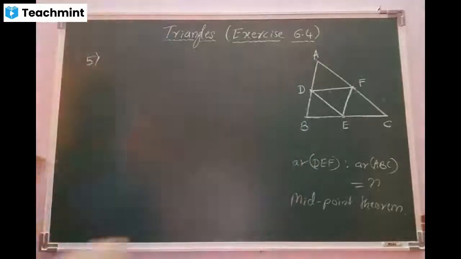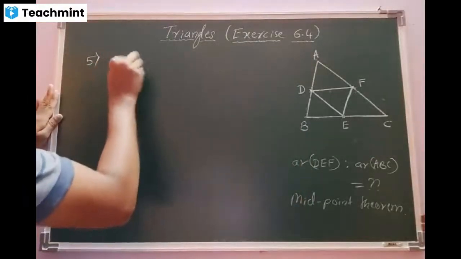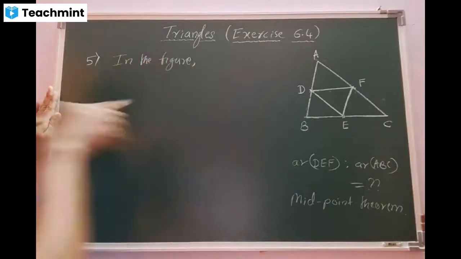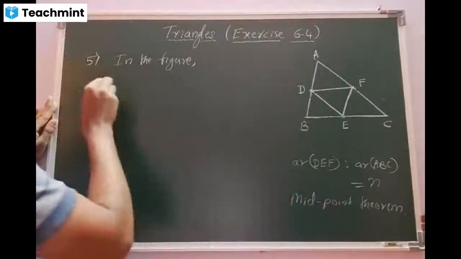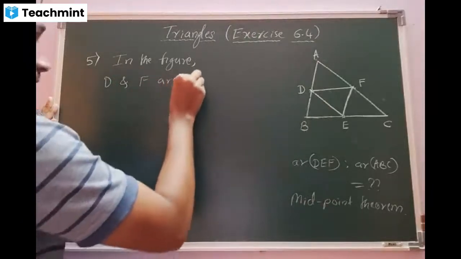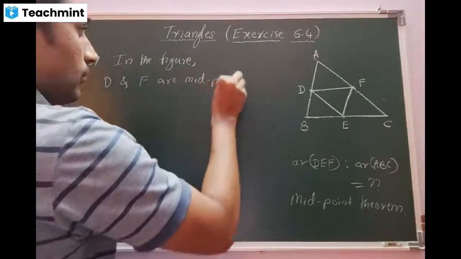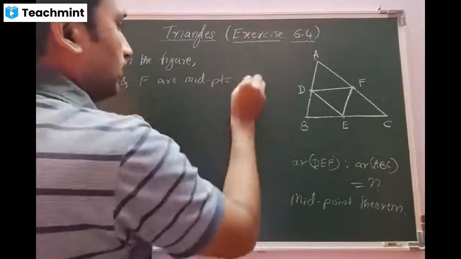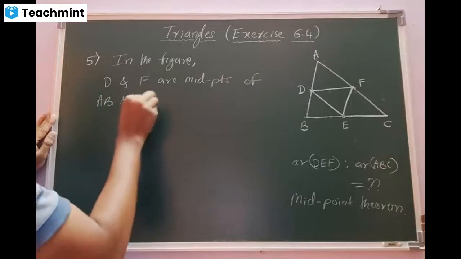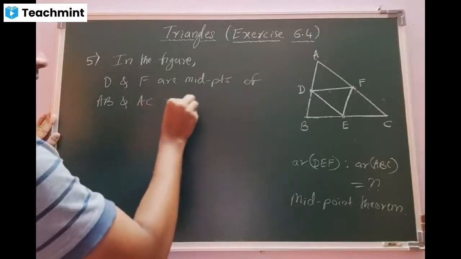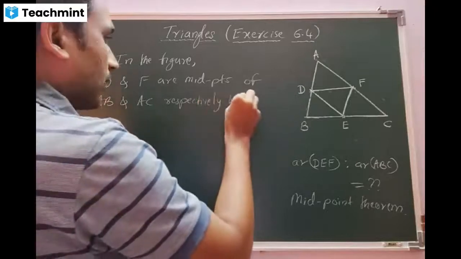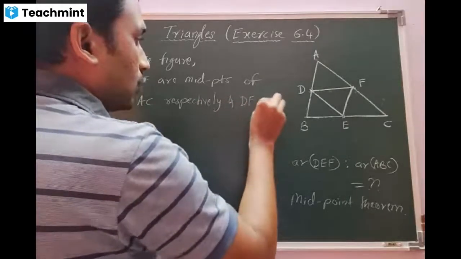Okay, beta? Yes, sir. In the figure, first I'll begin with D and F. D and F are midpoints of AB and AC respectively, and DF is joined.